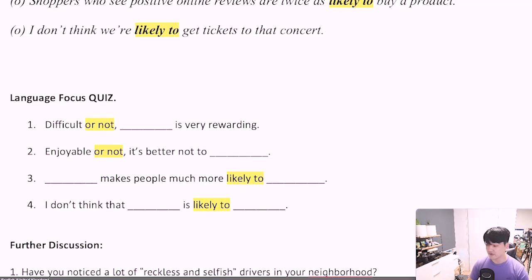So what is very rewarding, whether it's difficult or not? Let's say something like exercise. Difficult or not, exercise is very rewarding.